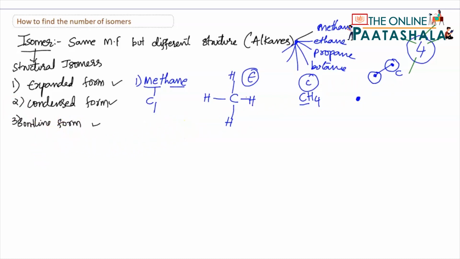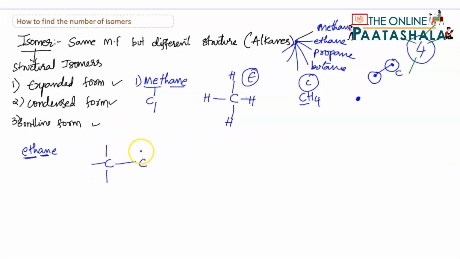Next I am taking another example, ethane. Ethane means 2 carbons, carbon, carbon, with a single bond in between since it is ane. Each carbon has 1 bond, and since the valency of carbon is 4, it needs another 3: 1, 2, and 3.